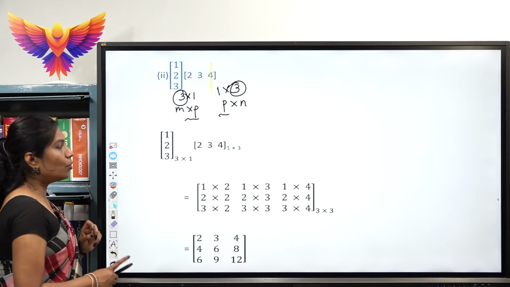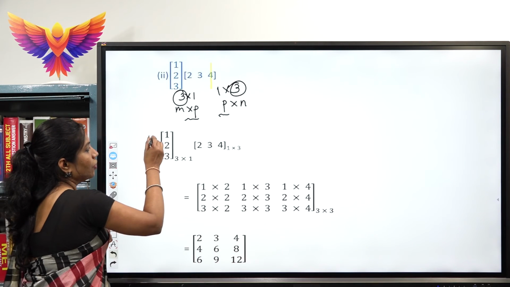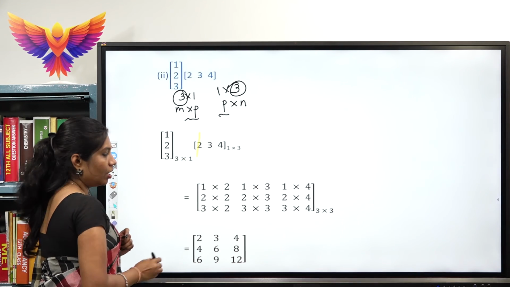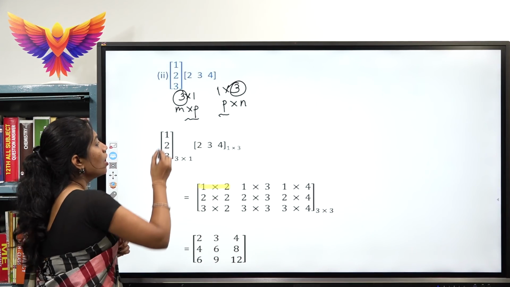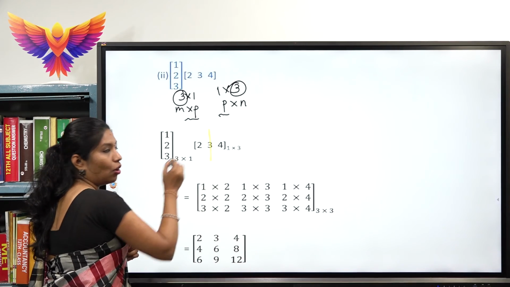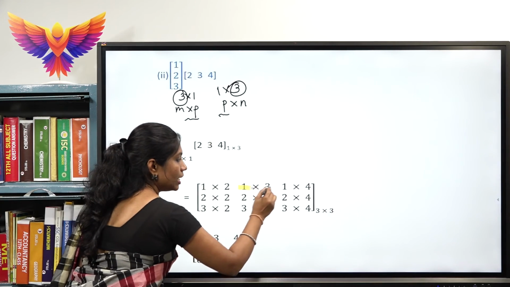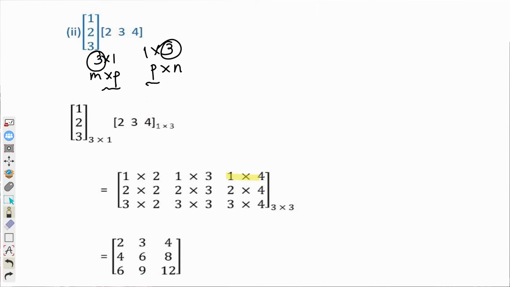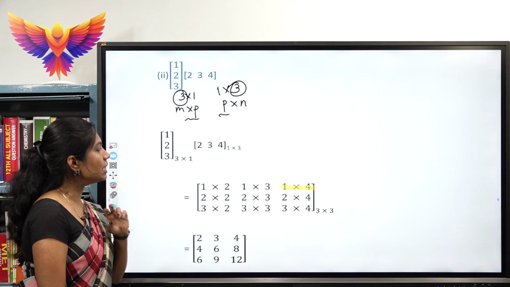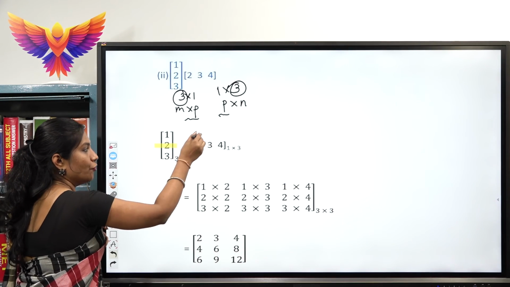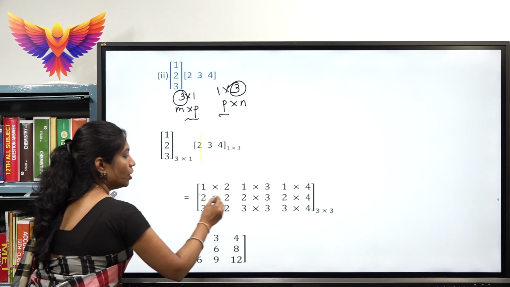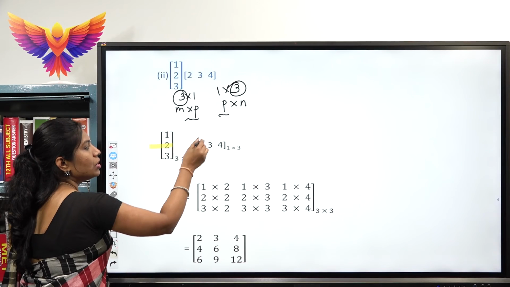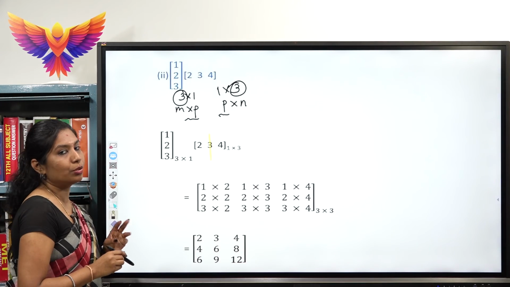So, when you are solving it, we will be considering the first row, first column, which will give back me the first element, first row, second column, which will give back me the second element, first row, third column, which is the third element of the first row. Similarly, second row, first column, that is 2 into 2, second row, second column, which is 2 into 3.